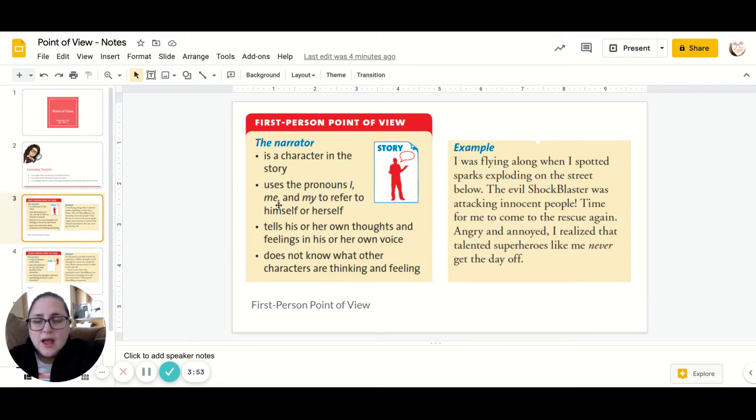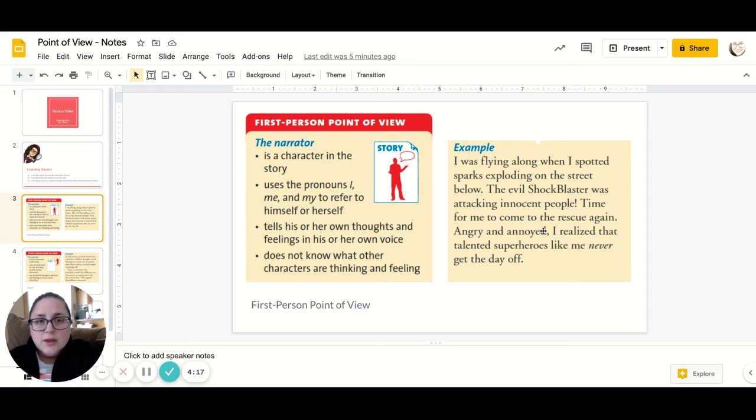So we can identify that this is first person point of view by identifying the pronouns that are used. Let's pick out those pronouns. Like I said, we've got our I's and our me's. We know that the narrator is a character in the story because they're saying that they have to go and rescue everyone once again. And then they're telling their own thoughts and feelings, right?